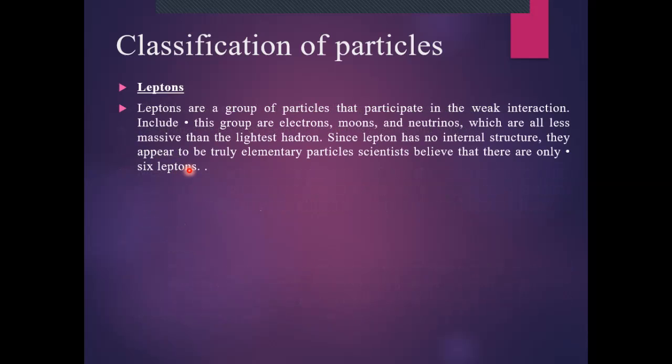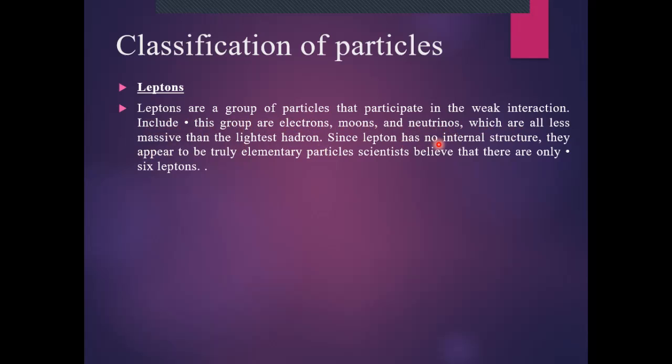And the second classification of particles is the leptons. Leptons are the group of particles that participate in weak interaction, and included in this are the electron, muons and neutrinos, which are all less massive than the lightest hadrons.